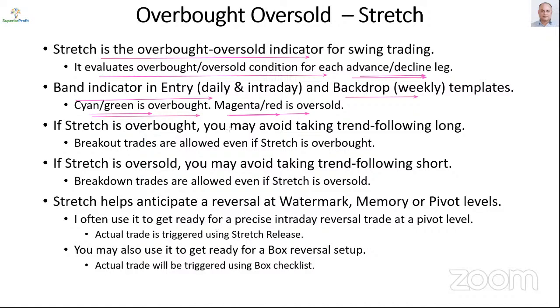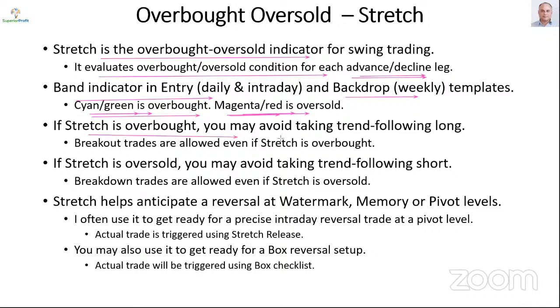Similar to activity extreme levels, you don't really need to see whether it is red or magenta. Extreme activity levels are always cyan or green. So long as we have the dot, that is enough. Similarly, for stretch, any greenish cyanish color is overbought, and magenta red is oversold.